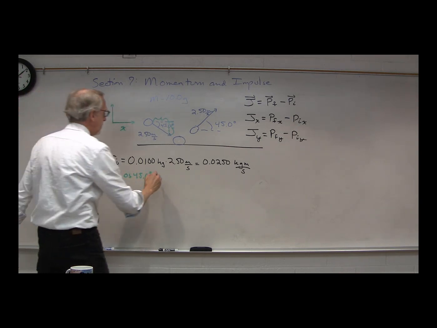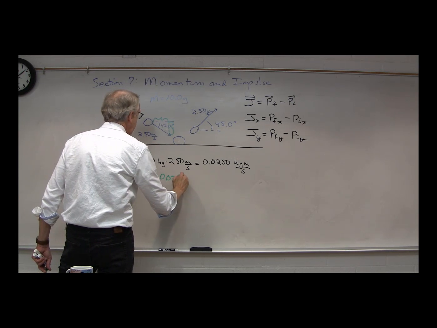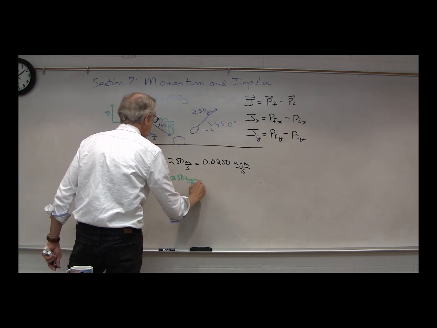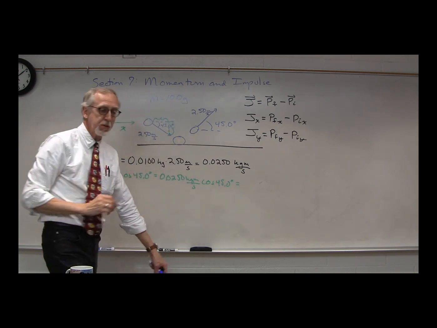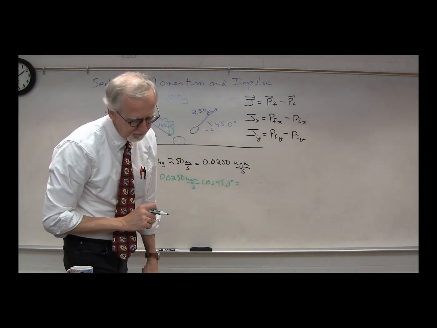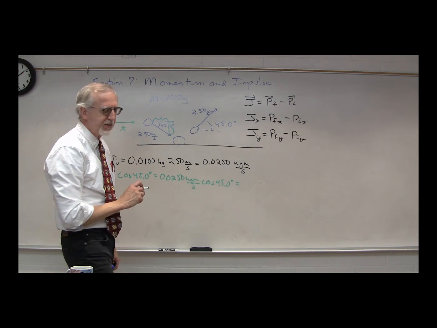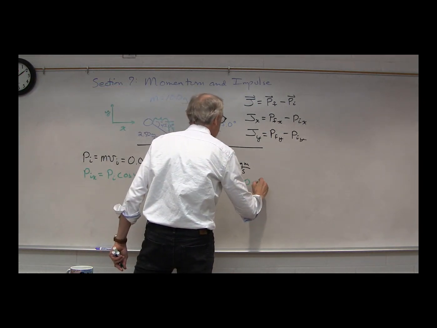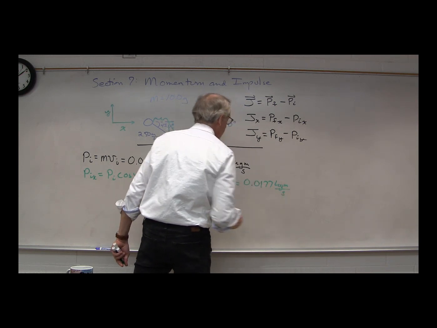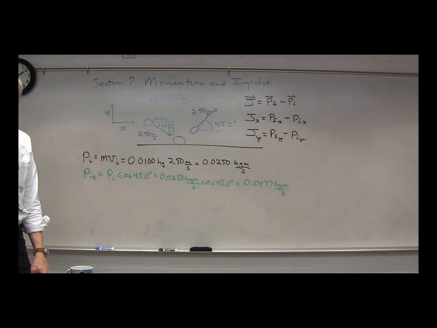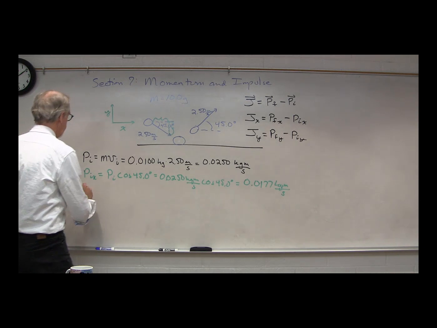In other words, 0.0250 kilogram meters per second times cos 45 degrees. We multiply that out, and that turns out to be 0.0177 kilogram meters per second. So there's the x component. Now what about the y component?